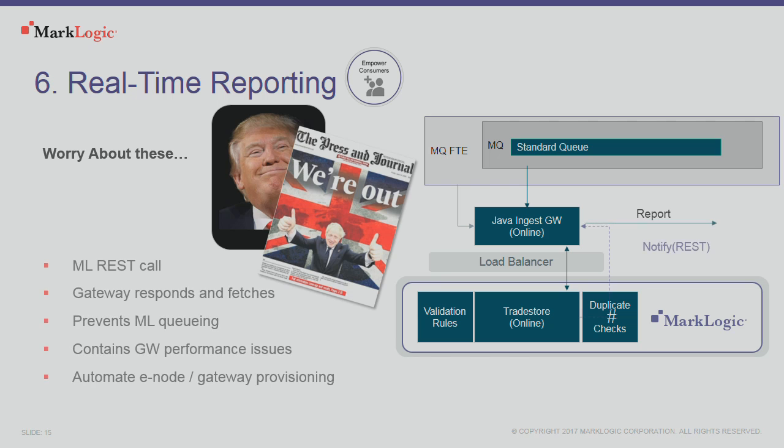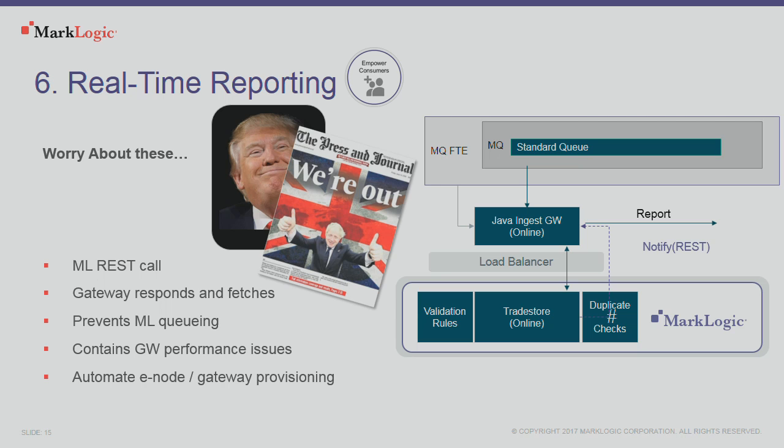So here's the thing, right? There is a brilliant capability within MarkLogic, which is the REST function. So the REST function allows us to, when that validation, that processing has happened at the point of ingest, and when we've identified that the arriving transaction or trade is eligible for real-time reporting, we can fire a REST call down to the Java gateway layer containing the information about what the trade is, and then the Java gateway communicates with MarkLogic to fetch the data and then publish it out, either to an MQ or basically another mechanism.